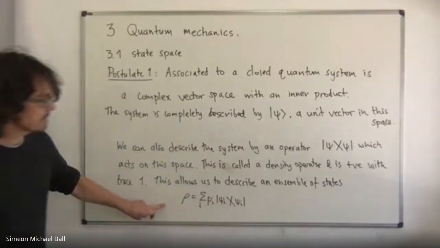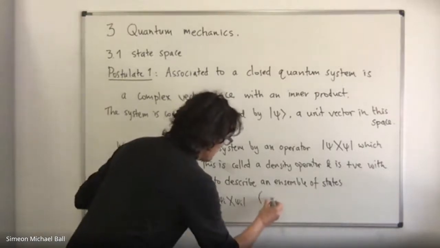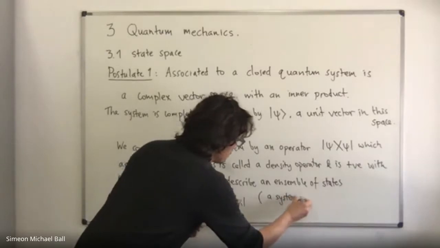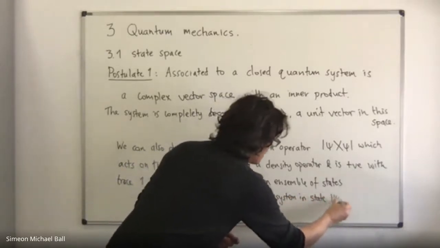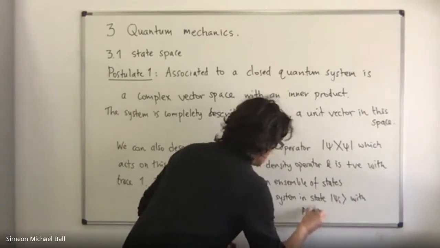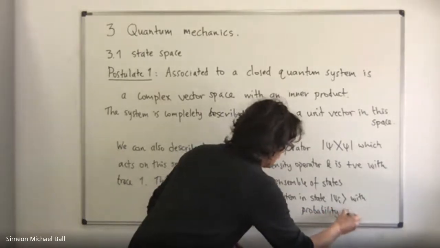So this describes the system with probability Pi.